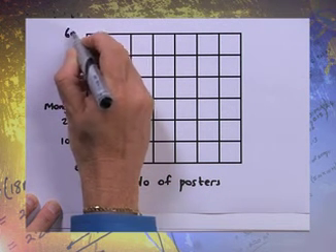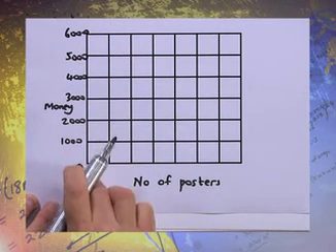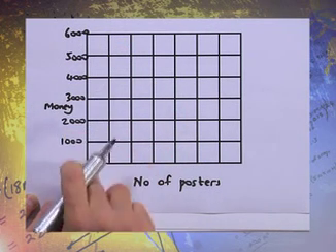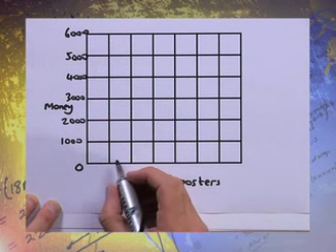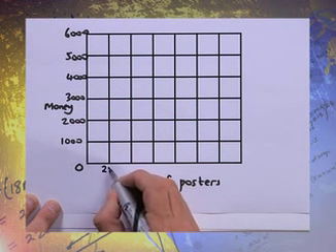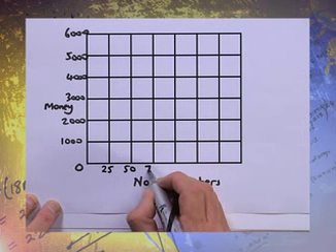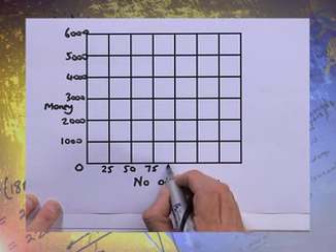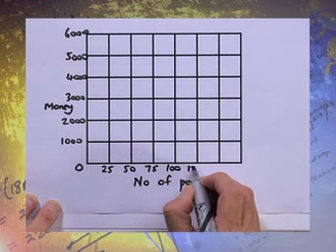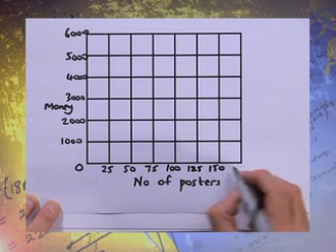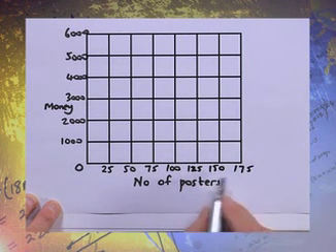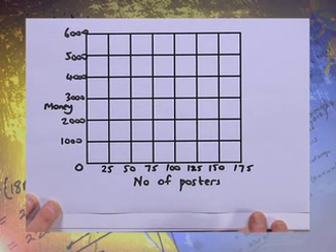Remember, they give you the graph paper, and they might even give you these numbers, but if they don't, you can put it on yourself. Number of posters, let's go up in 25. So we go 25, 50, 75, 100, 125, 150, and let's go up to 175. We're going up in 25s, the amount of posters.